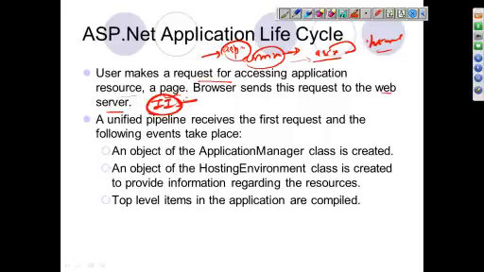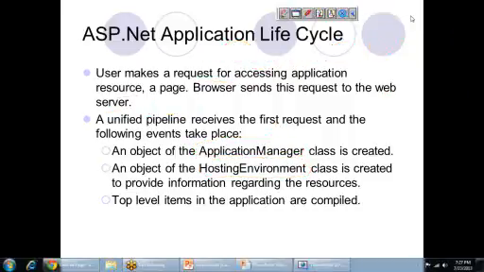When IIS receives this request, the first thing that happens is it creates the object of the application manager class. Then it creates the object of the hosting environment. If you have some top-level items in the application, those are compiled. Then request and response objects are created.